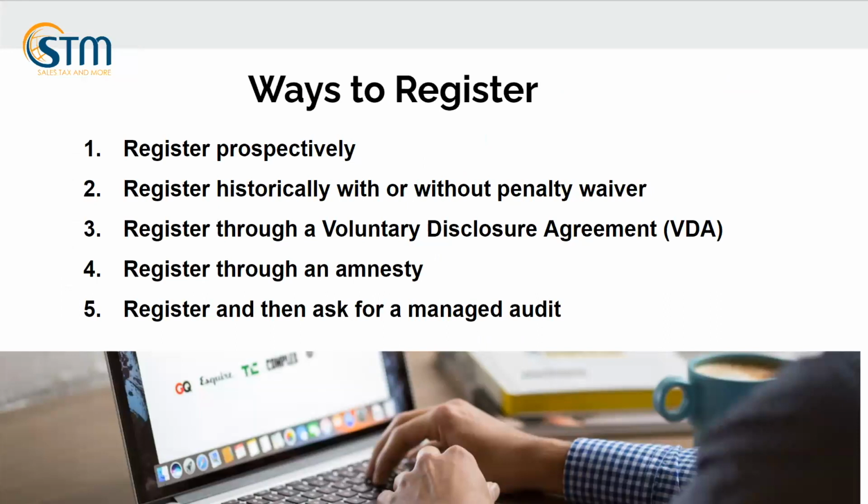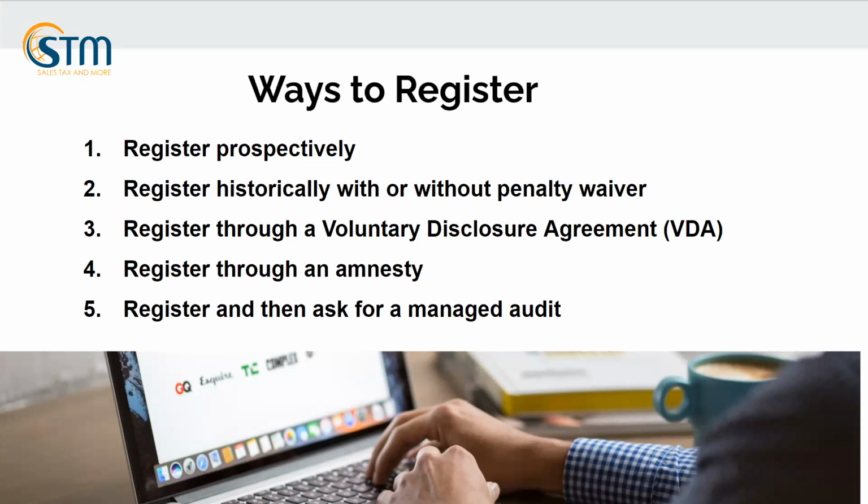I do want to say about registering prospectively, everyone wants to just register going forward. They don't want to worry about that past exposure. That's getting tougher and tougher to do because historically, states didn't check up on you generally.